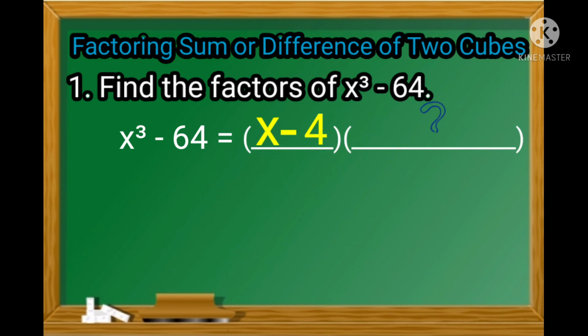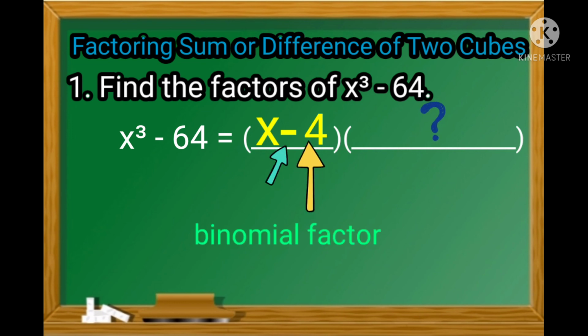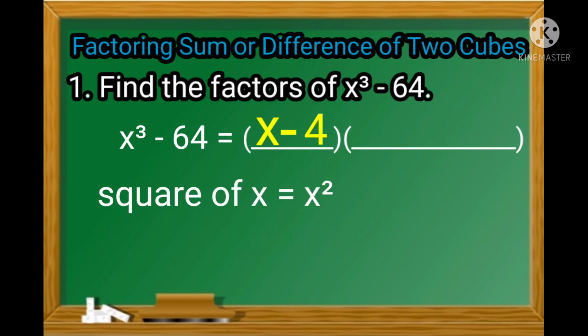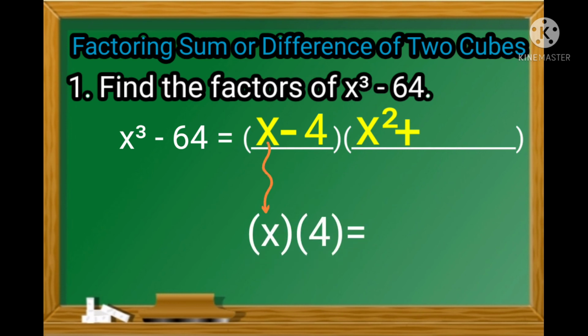How to look for the trinomial factor? We will focus on our binomial factor. Get the square of the first term. Our first term is x. Square of it, of course, x squared. Then we will use the opposite sign. Since the sign of our binomial factor is minus, we will use the plus sign. To continue, we will multiply the first and the last term, that is x times 4, and the product is 4x.